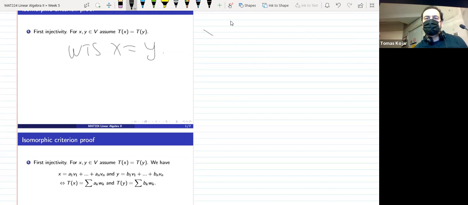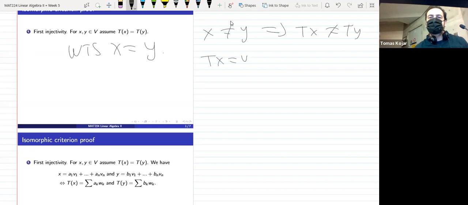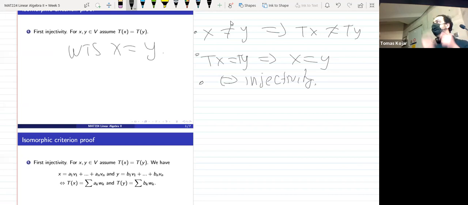So just to remind you, either you go this way or you go the other way. Whatever you like, these are the same as injectivity.